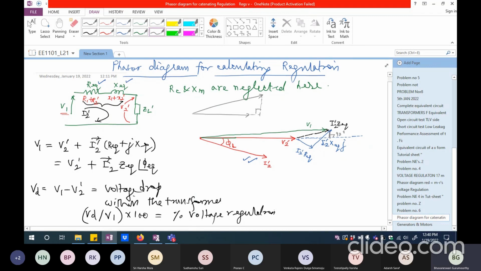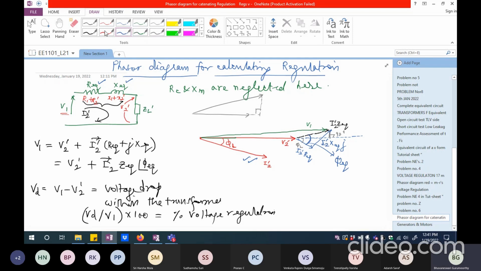Now if I look at this particular angle between V2 and I2, we call this angle phi L. And the angle here is the impedance angle of the transformer impedance itself, so that is going to be phi equivalent.